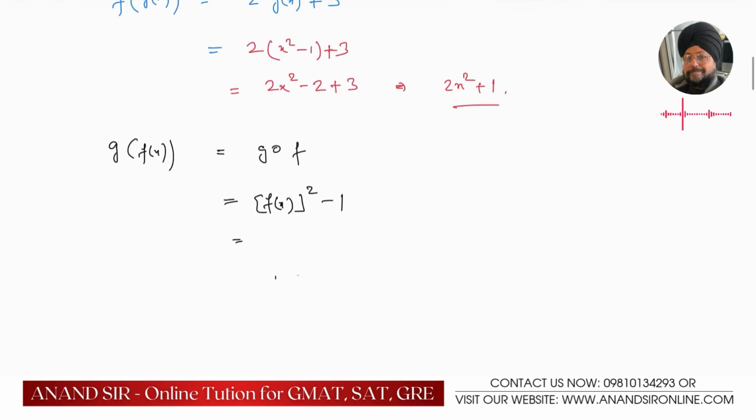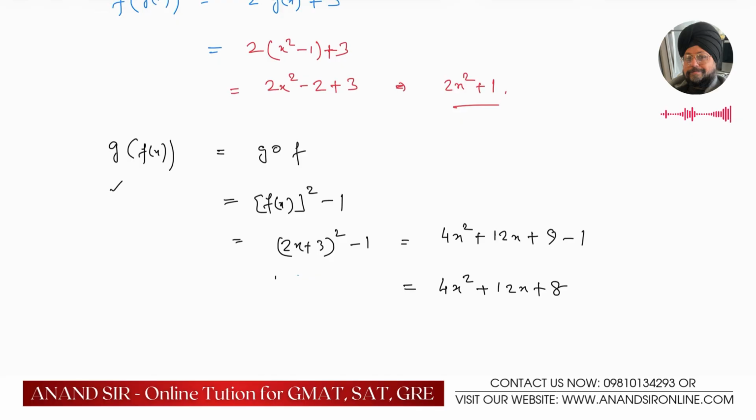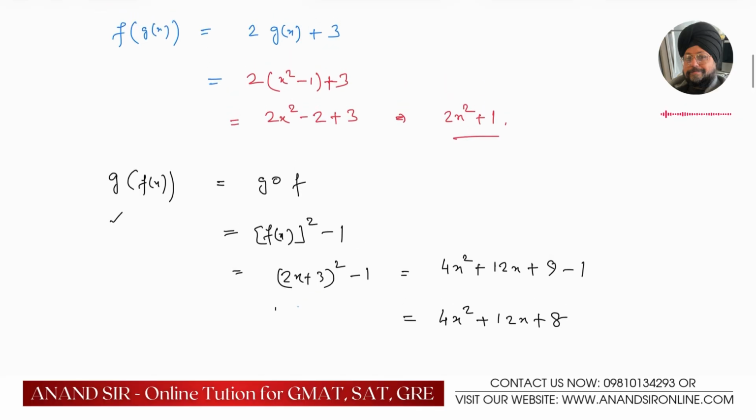So it becomes (2x + 3)² - 1. When simplified further, you get 4x² plus 2ab, which means 2 times 2 times 3, is 12x, plus 9, and minus 1. That becomes 4x² + 12x + 8. So this is how we can find g of f(x). Okay, so this is composition of a function.